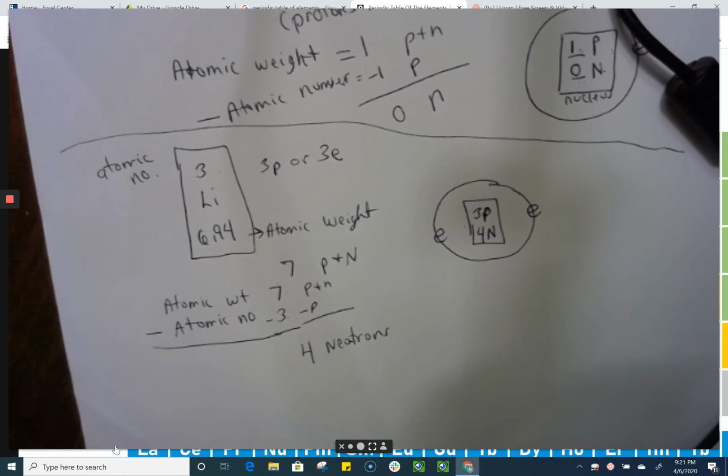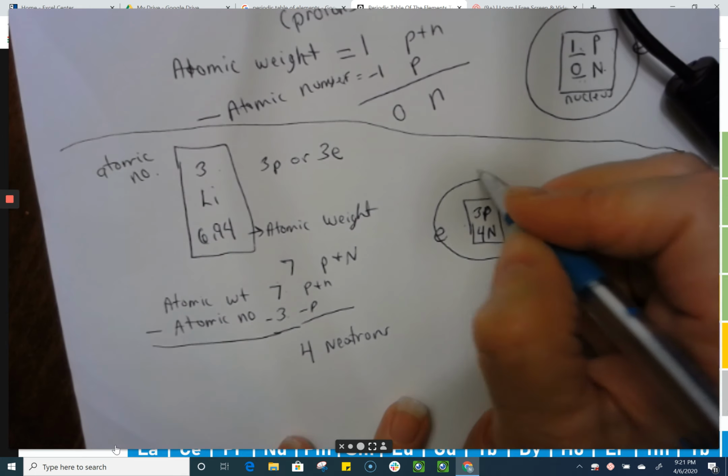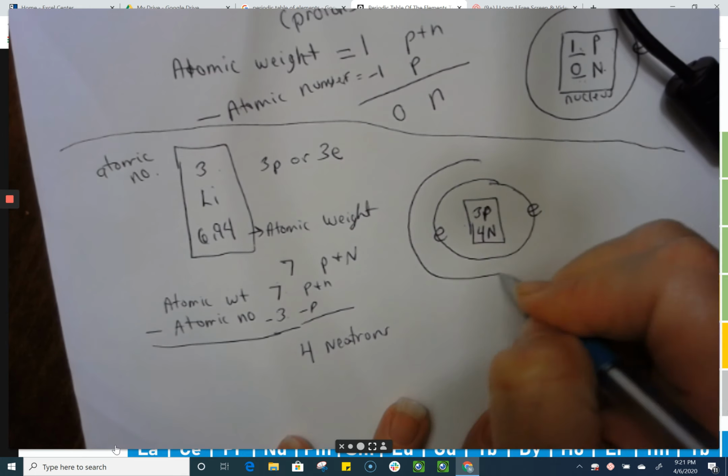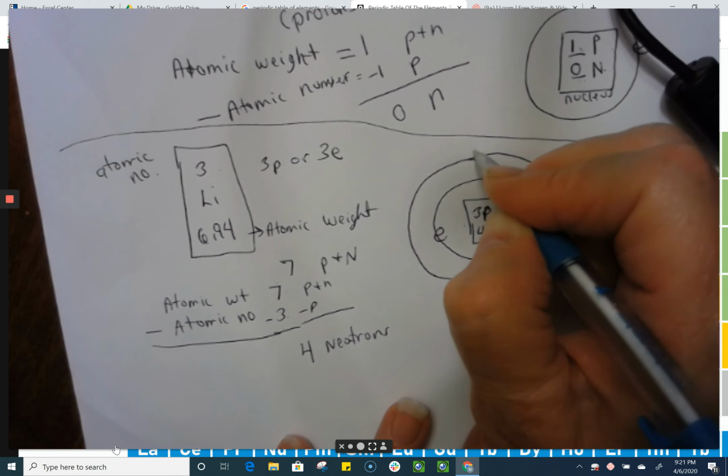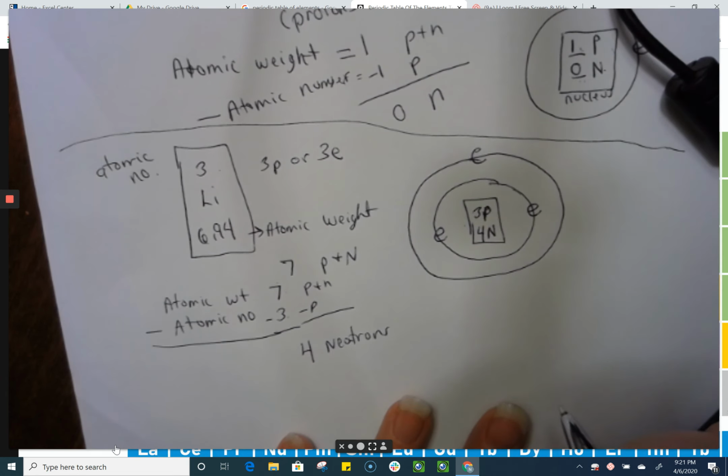So the third electron has to go out here in the second energy level, and that one can hold up to 8. We can add energy levels as the atomic number increases to accommodate more electrons.